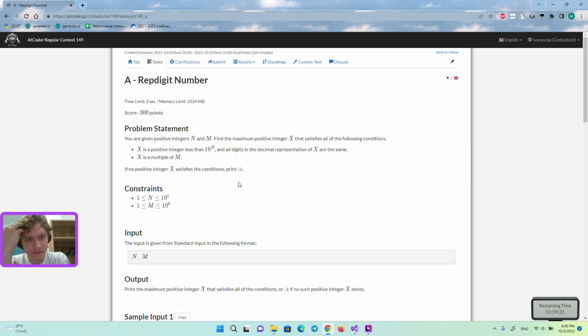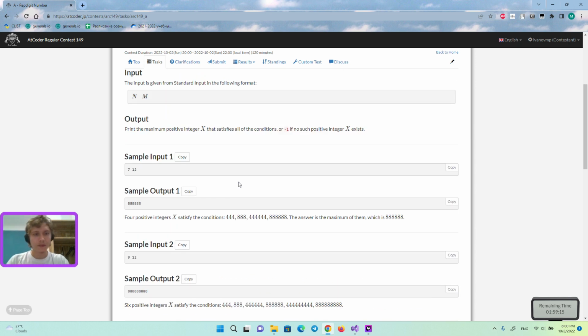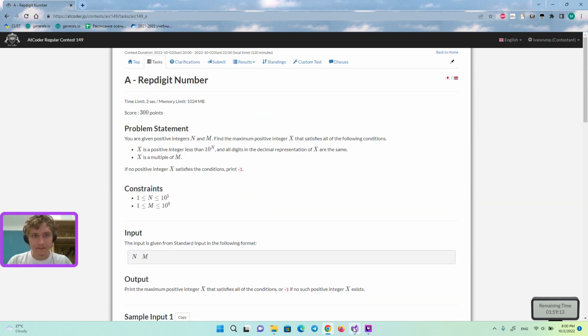So x is a positive integer less than 10 to the nth, and x is divisible by m. It's an interesting problem.